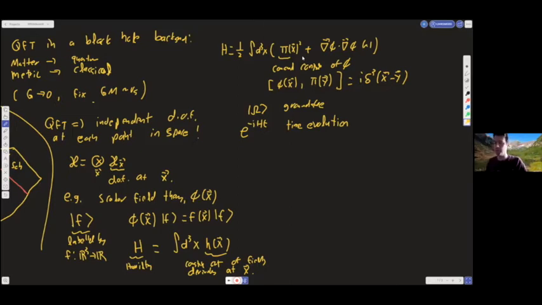So that's quantum field theory 101. Now we do quantum field theory 102, unless there are more questions. No? Okay, last chance.